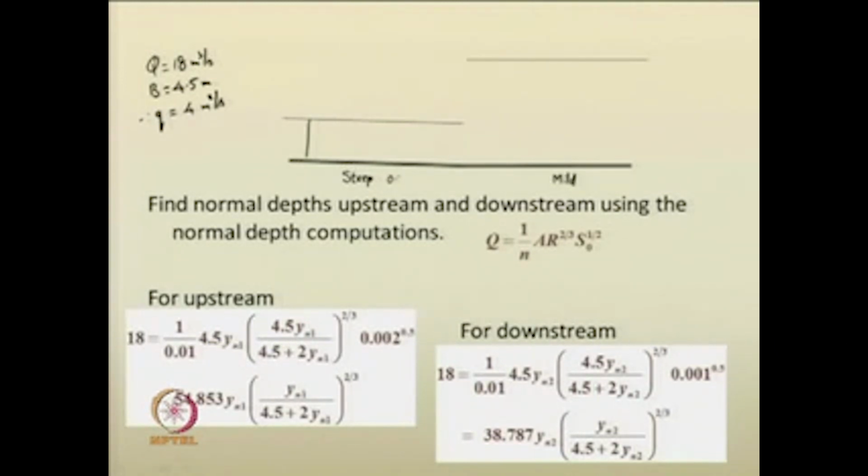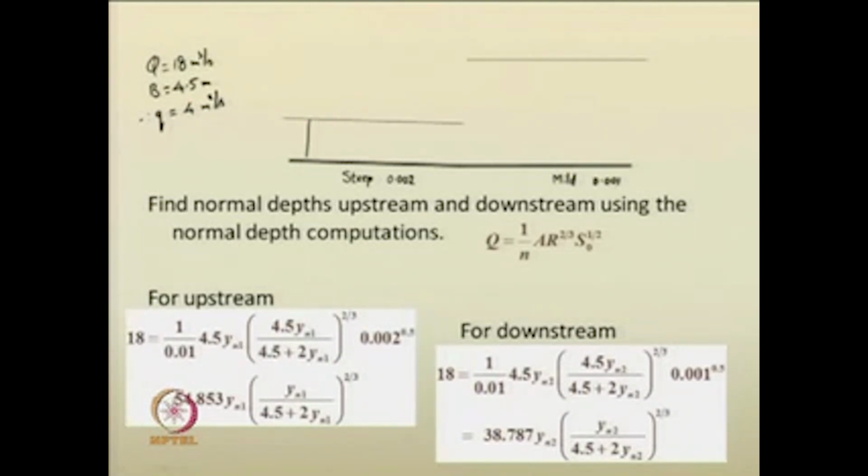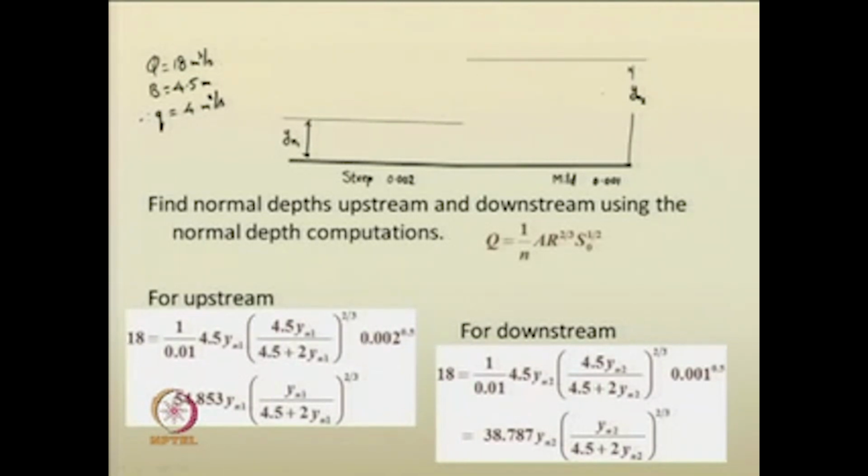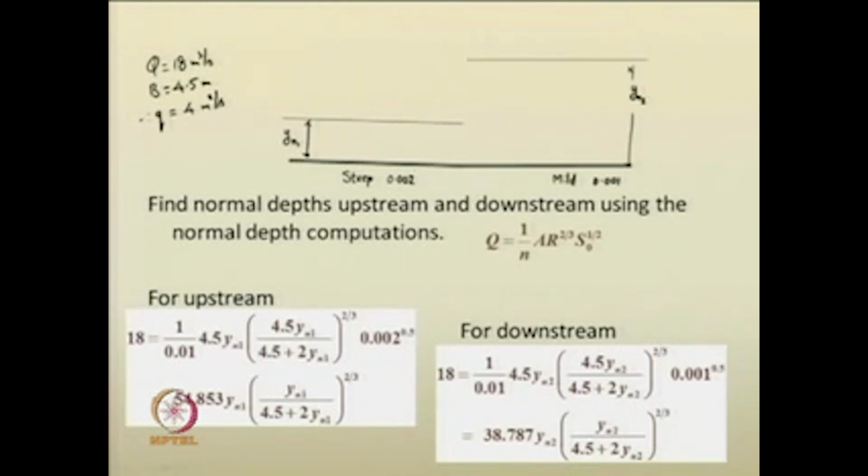This has 0.002, this has 0.001. Here the normal depth is yn1 and here the normal depth is yn2. Where does the jump occur, whether in the downstream portion or in the upstream portion, you need to find out based on the given data.